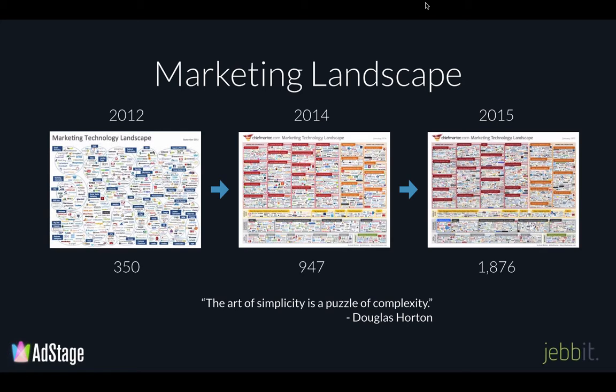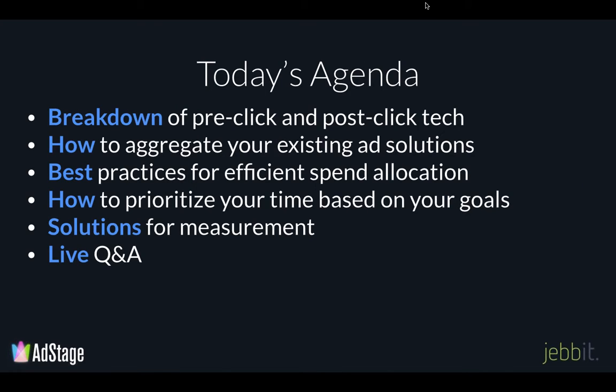So to navigate this landscape, what we are hoping to give you today is a simplified version of what a complete ad tech stack should look like and the elements that make up that ad tech stack.